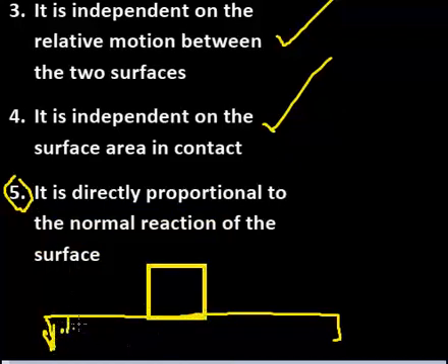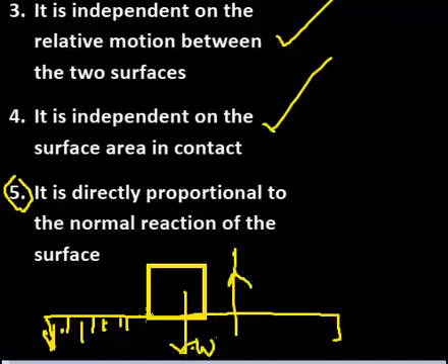I told you that the weight of the body acts downward, while the surface supports the weight of this body by a reaction. According to what we have here, frictional force is directly proportional to the normal reaction. We use this symbol to represent normal reaction.